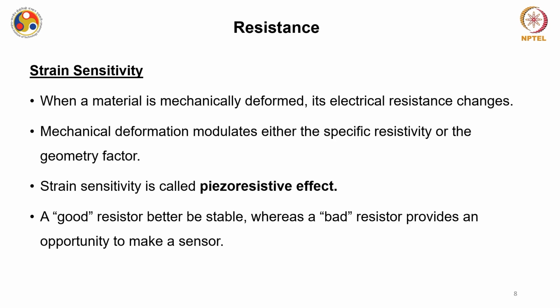So usually a good resistor will be stable, whereas a bad resistor provides opportunity to make a sensor, okay. Similar to this, we have seen when we discussed capacitors also, that in laboratory or in electronic circuits we need good capacitances, but for sensor development we need bad capacitances. Similarly, here also for laboratory applications and others, we need a very good resistor which doesn't change its properties with conditions changing in the ambient.